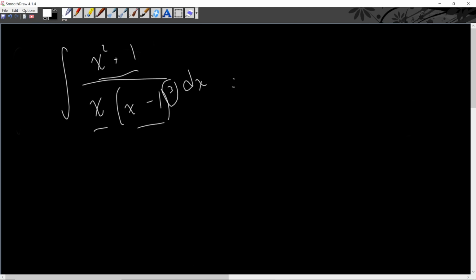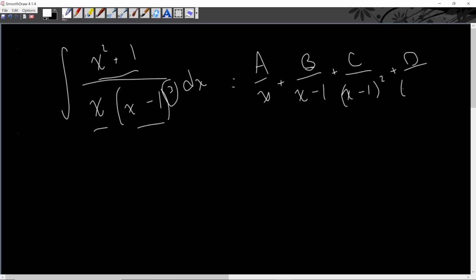You have x minus 1 cubed. So there are going to be several different factors. We're going to have a over x plus b over x minus 1 plus c over x minus 1 squared plus d over x minus 1 cubed.